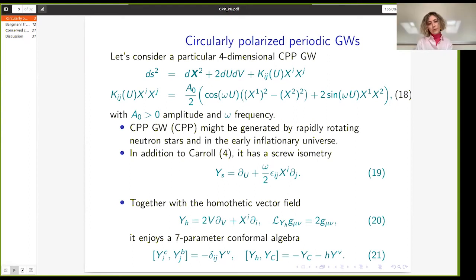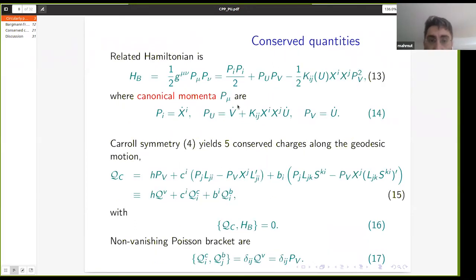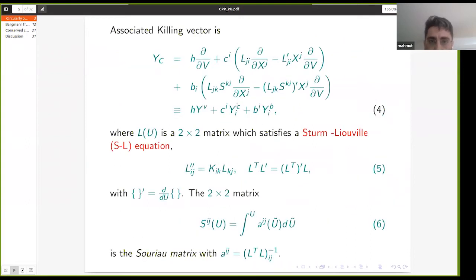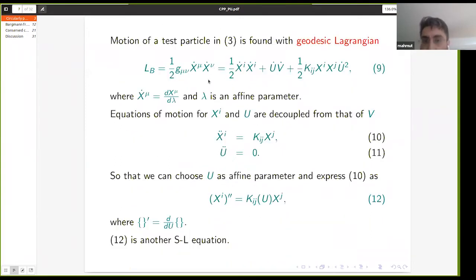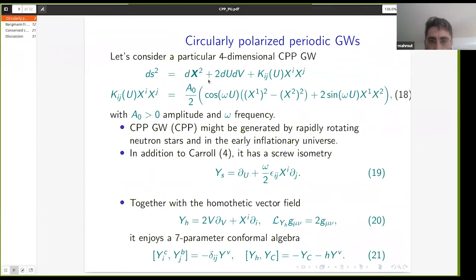And now for this profile, if you would like to work out the Killing equations, you see that apart from these 5-dimensional Carroll symmetries, you have an extra isometry. So it is not an addition, it is there already.